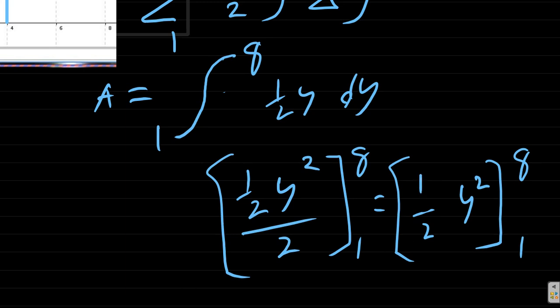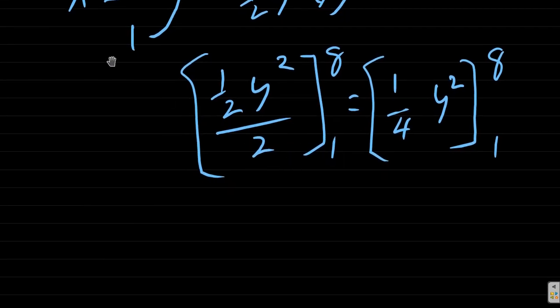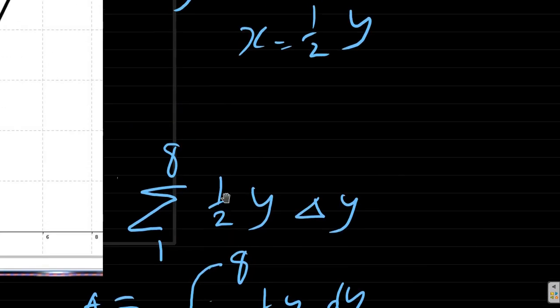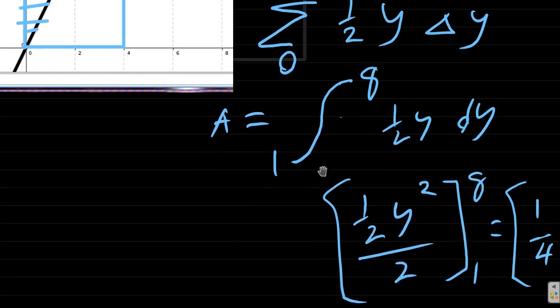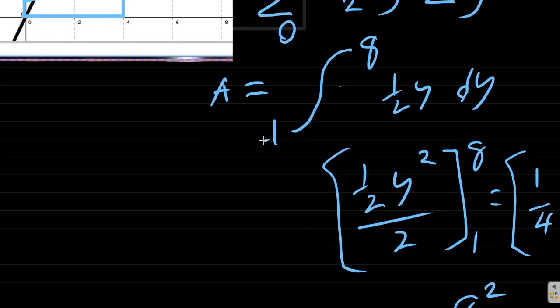And if we multiply the bottom part by 2, we get 4. So half over 2 is really a quarter. But what we have is 8 squared. Oh, it's not 1, it's from 0. My mistake. Oh boy. It's from 0 to 8. We're adding up, going from 0 to 8.